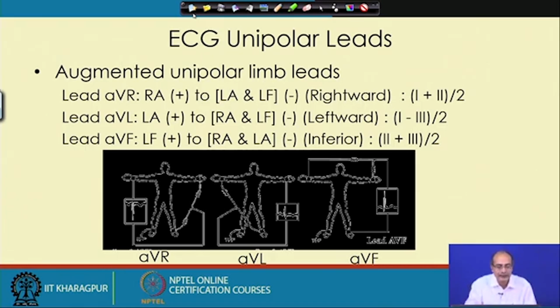One is lead AVR, which means in this case the unipolar lead is connected to the right arm, and the reference is in between the potentials of the left arm and the left leg. In this configuration, the first thing we should note is that the primary points from where the potentials are checked have not changed.